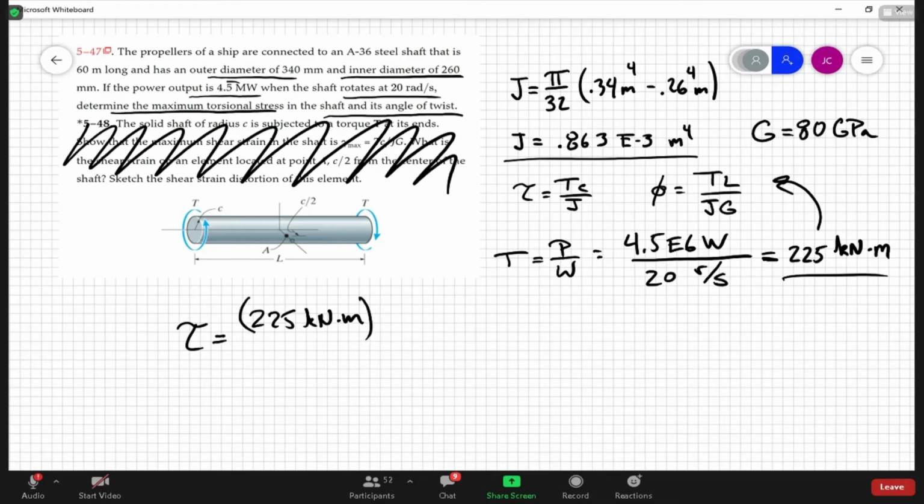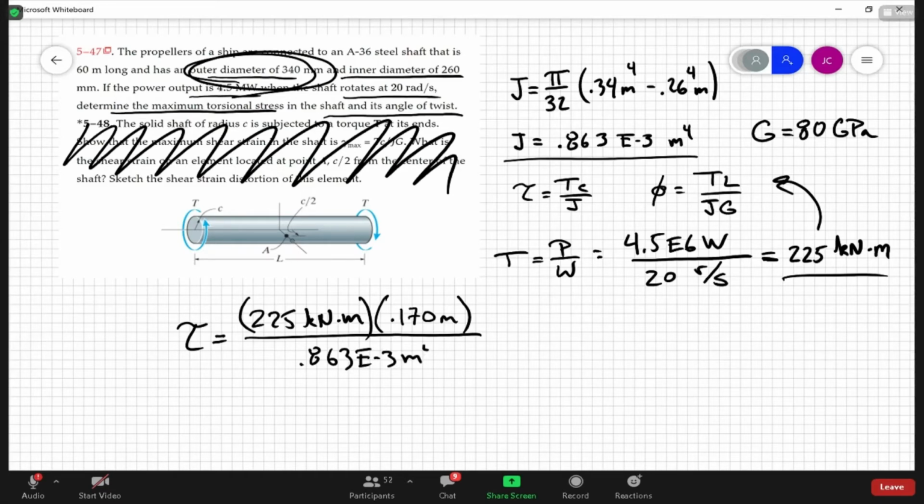They give us the outer diameter of 340 millimeters, so the outer radius is going to be half of that, 170 millimeters, so that's 0.170 meters. And J is what we calculated here, the 0.863 times 10 to the minus third meters to the fourth.